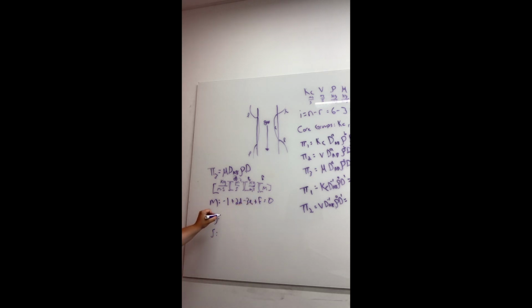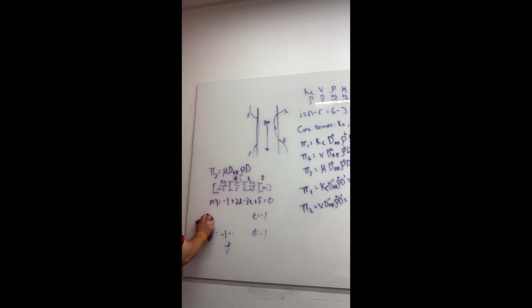For kilograms, we have 1 plus E equal to 0, so we know that E is equal to -1. For seconds, we have -1 minus D equal to 0, so D is equal to -1. Okay, so D is equal to -1, E is equal to -1, and now we can put that back here.